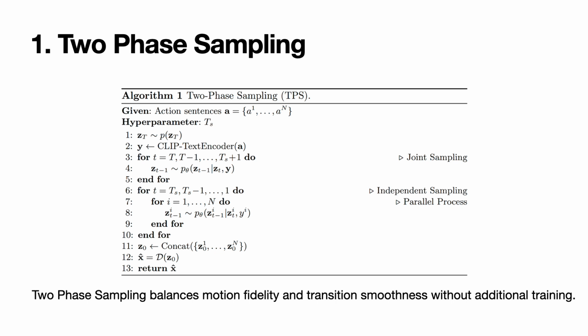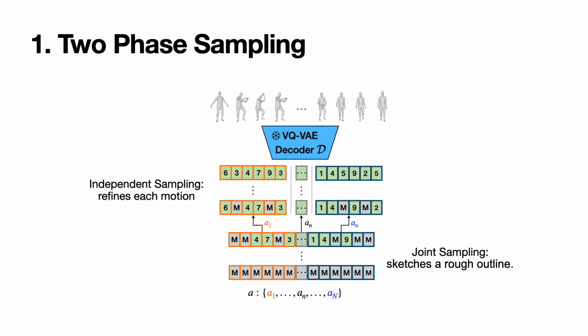First, we propose two-phase sampling. As shown in the algorithm, it comprises two parts, joint sampling and independent sampling. We designed this algorithm to balance motion fidelity and transition smoothness without additional training. As shown in the figure, this approach starts with the joint sampling phase, which jointly samples the whole codebook simultaneously.